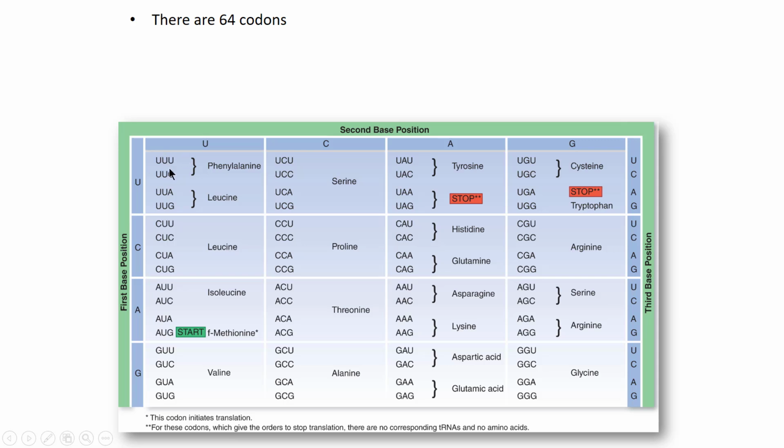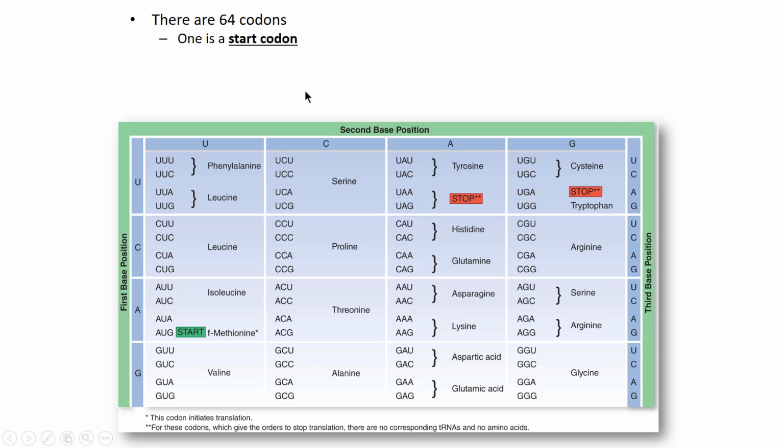So if you have 4 letters, A, U, G, and C, and you can arrange them in 3 different positions, 3 U's, CUU, CUC, all these different combinations. If you do the math, what you can say is that you have 4 letters that can be taken to the 3rd exponent. And if you do 4 to the 3rd power, you'll get 64. And it turns out there are exactly 64 codons, which is the maximum number possible with 4 letters arranged in 3 positions.